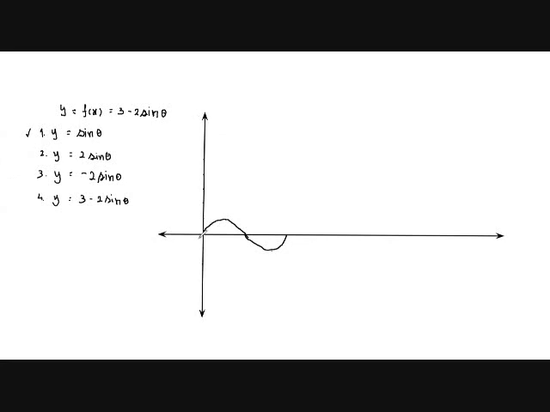So this one is 0. This one is 90 degrees. And this one is 180. And here is 270 degrees. This one 360 degrees. Okay, now we plot the second graph.